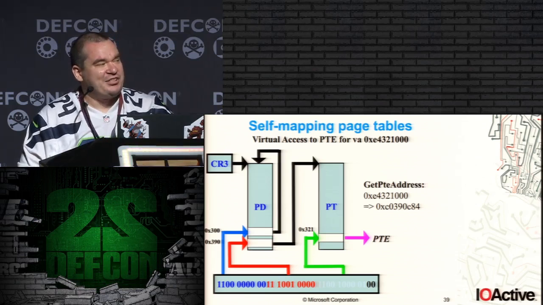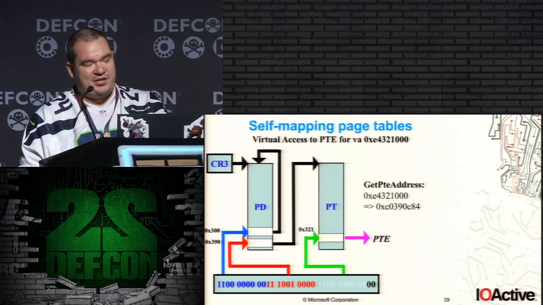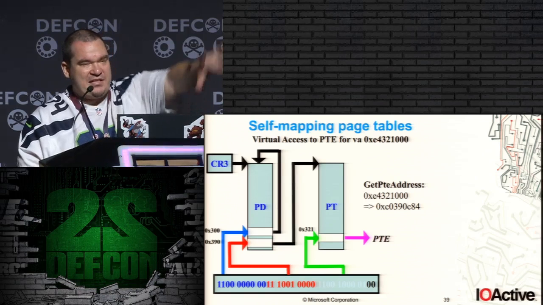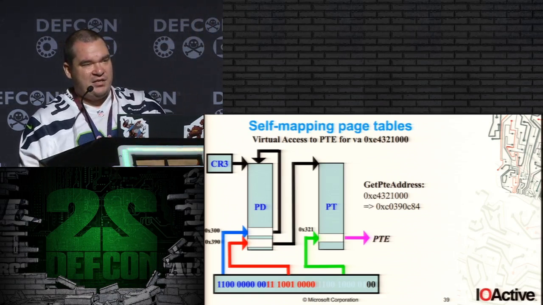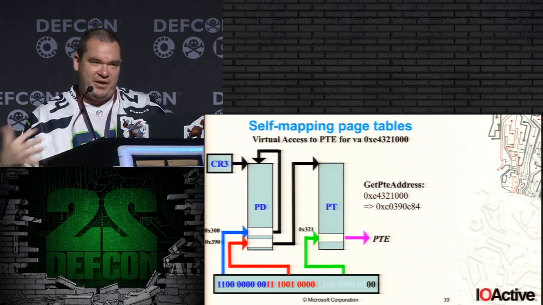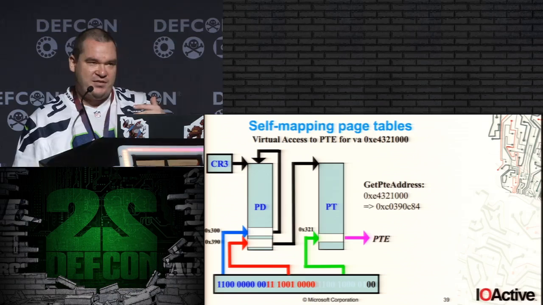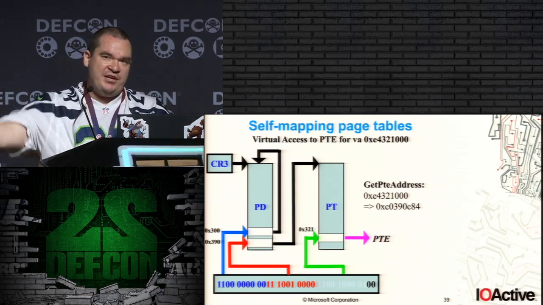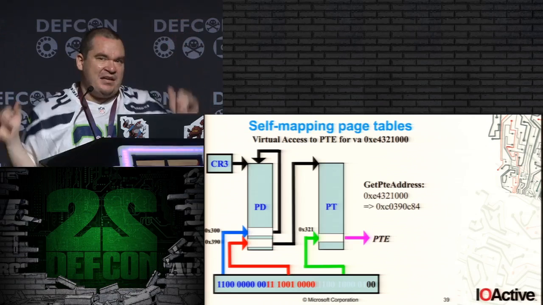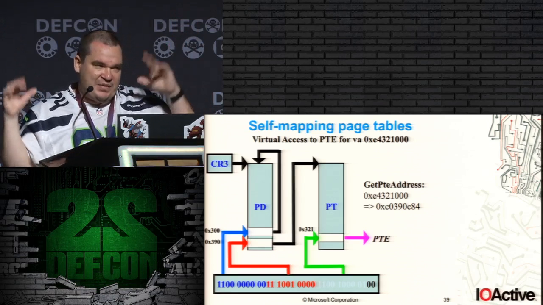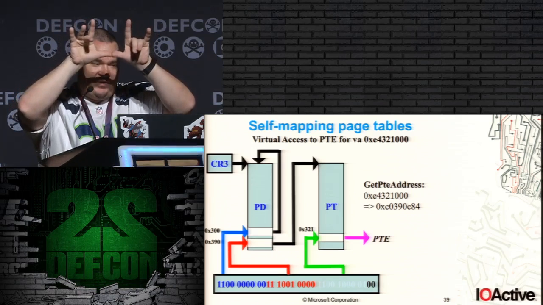Essentially, the detection technique I have is based on self-mapping page tables. This CR3 register is the register in your computer that changes when you switch processes and gives you a new address space. This is what actually gives you the process isolation.